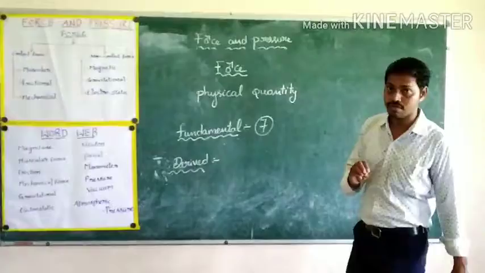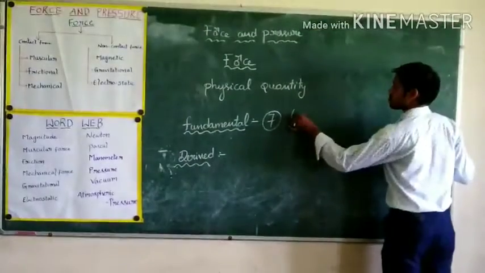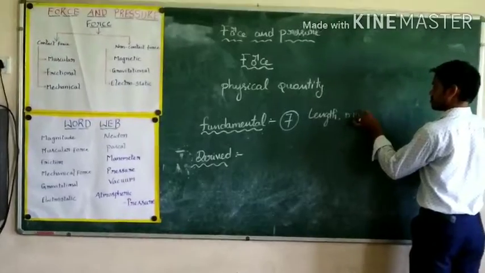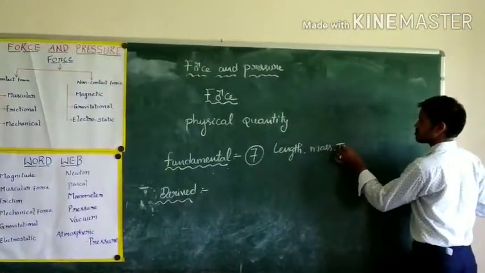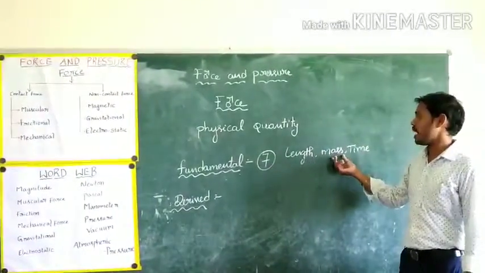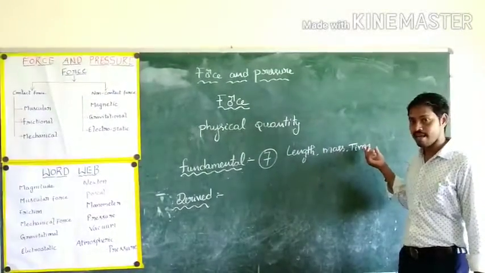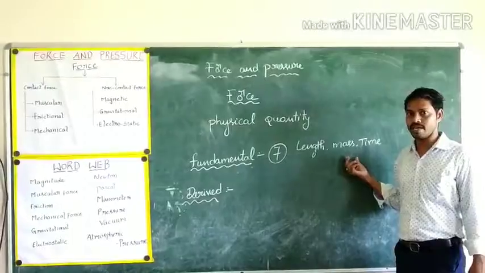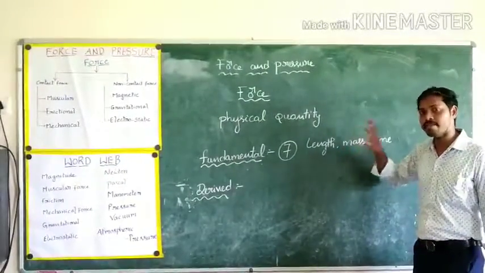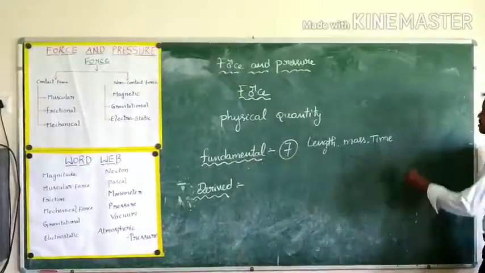What are those? Here, length, mass, time. These are three fundamental quantities that we know so far. Now we are going to learn about the remaining fundamental quantities.